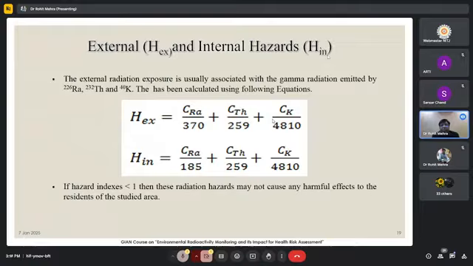For the internal hazard index, the concentration of radium is halved, that is CRa divided by 185. But for thorium it is again 259, and for potassium it is 4810. So these are the two equations which you could remember for calculating the external as well as the internal hazard index parameters.